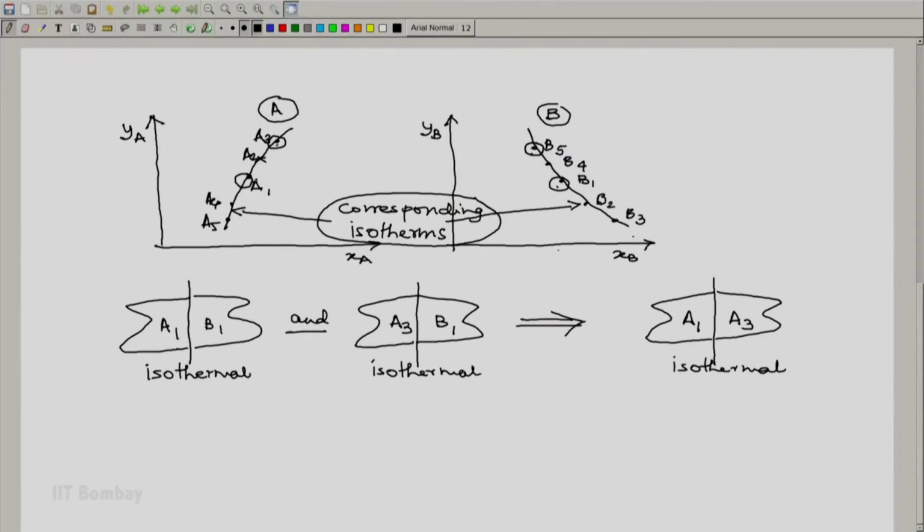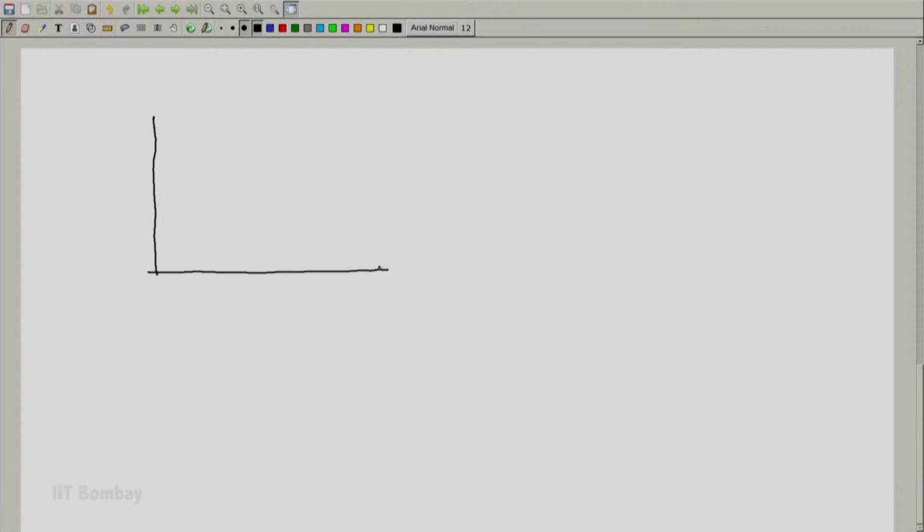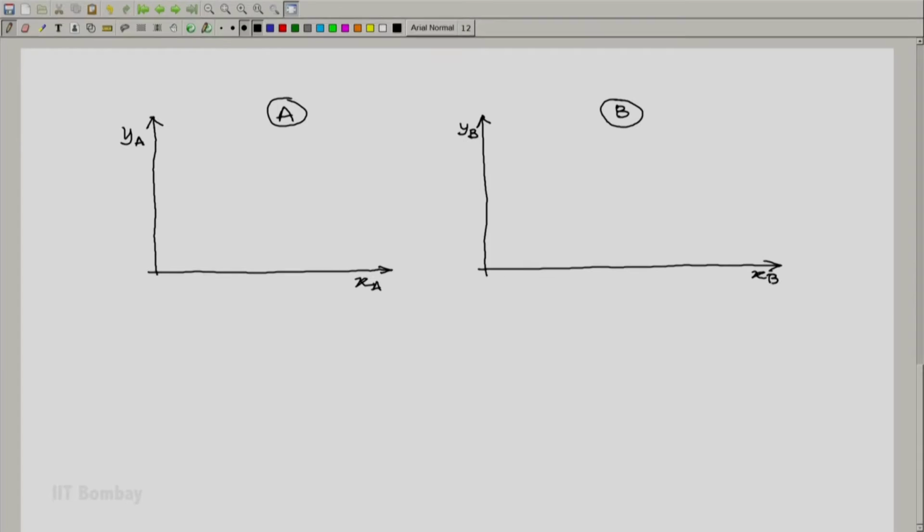Now let us extend this experiment. Again let me draw the state space of A, let me call it YA, XA, and the state space of YB, XB. And let us say that we have discovered a set of corresponding isotherms in the state space of A and B. These black lines are the two corresponding isotherms.